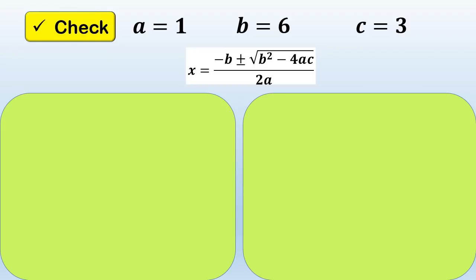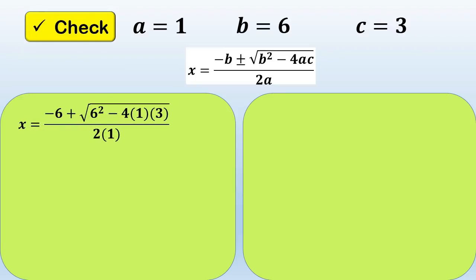Okay, now, so let's substitute. Let's use first the positive. So it will become x is equal to negative 6, which is the value for b, plus, so ginamit natin ng positive muna, square root of 6 squared minus 4 times 1 times 3 over 2 times 1. So let's copy negative 6.